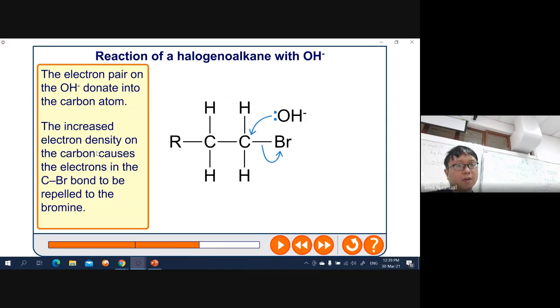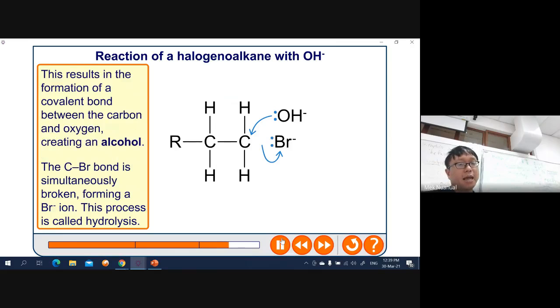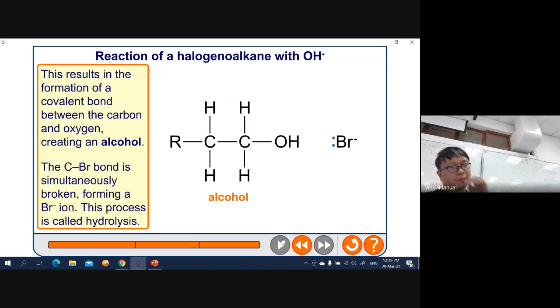The increased electron density on the carbon causes the electrons in the C-bromine bond to be repelled to the bromine. This is then your heterolytic fission. And then of course you end up making your alcohol. That leaves like this. You see how we show this? We show that halogen with the 2 electrons here, and then the charge minus.